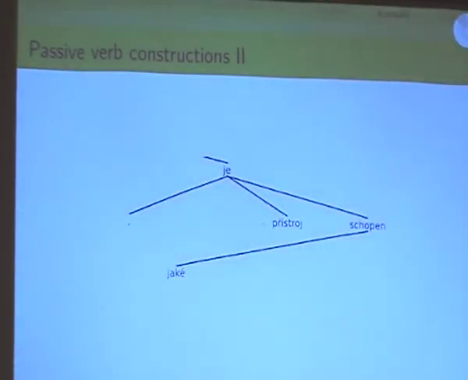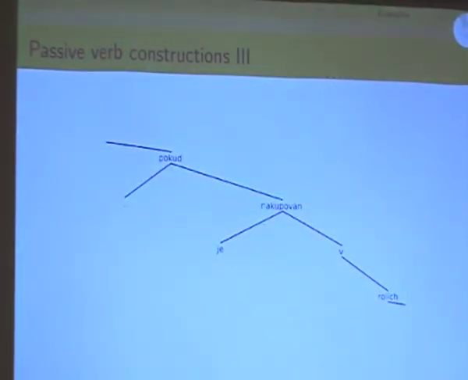This is the other case, where this relation is the same, but the extension is dependent on the past participle. And the third case, the be verb is dependent on the past participle.